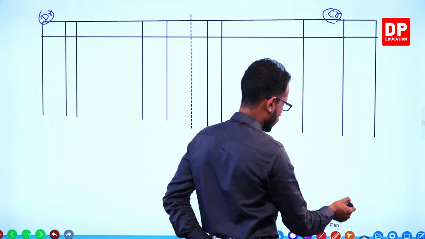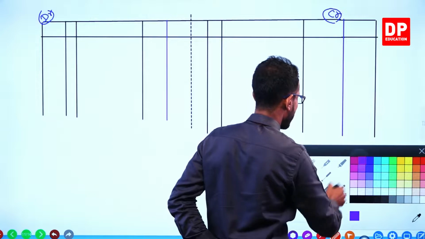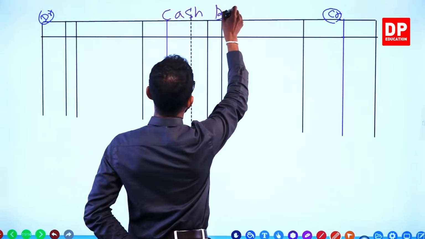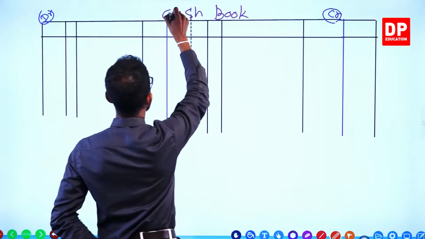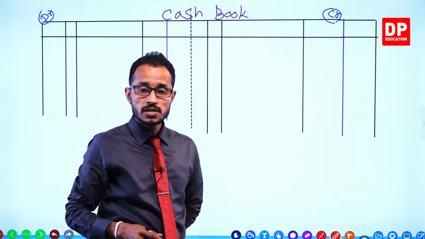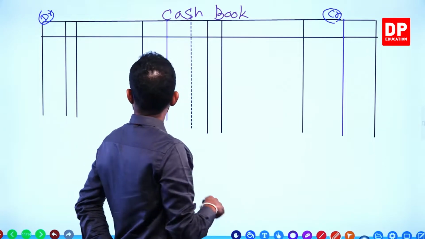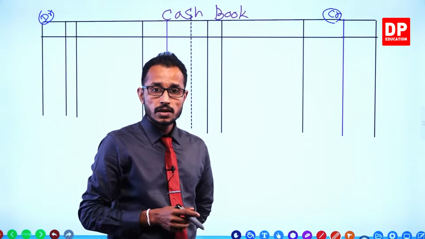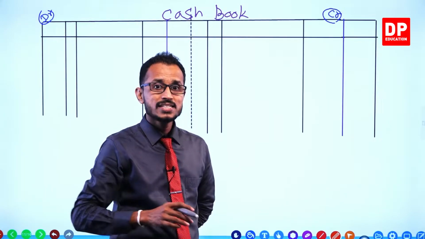Let's not waste any more time because we have drawn these. We have done several cash books during our previous sessions. But today you will draw another bank book. That is a new thing.